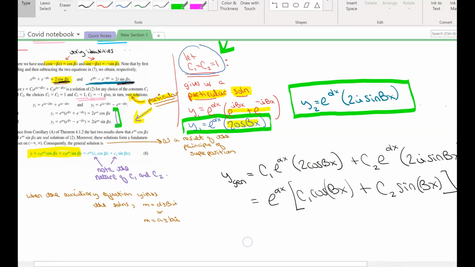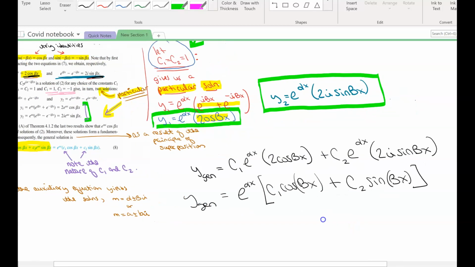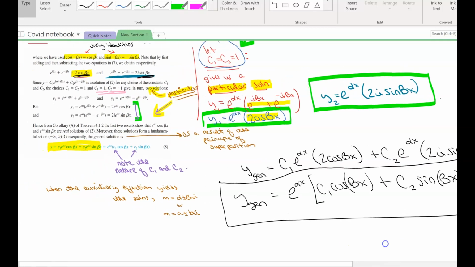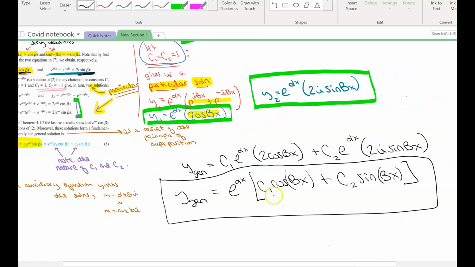And what we have here is my general solution to an HDE if there are complex roots. And you will notice, I made a note here: note the nature of C1 and C2. C1 is real. C2 is imaginary.